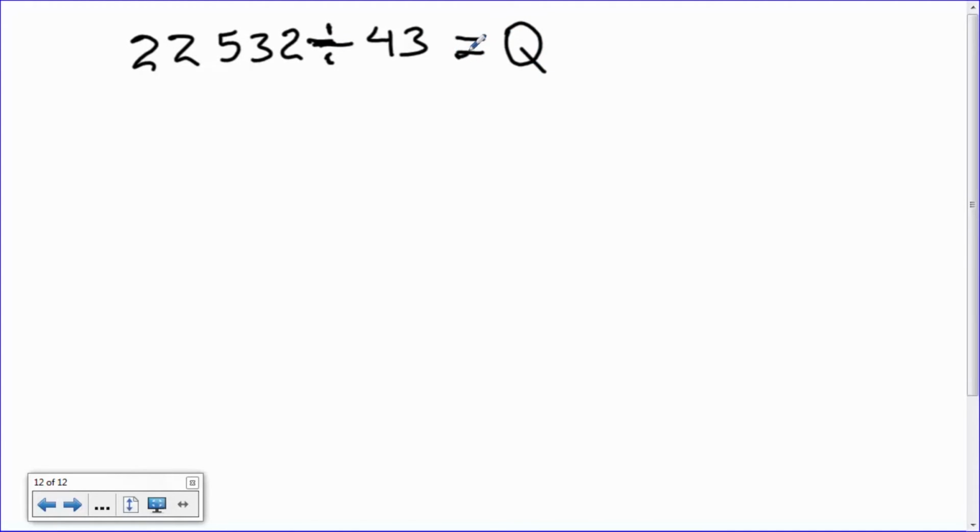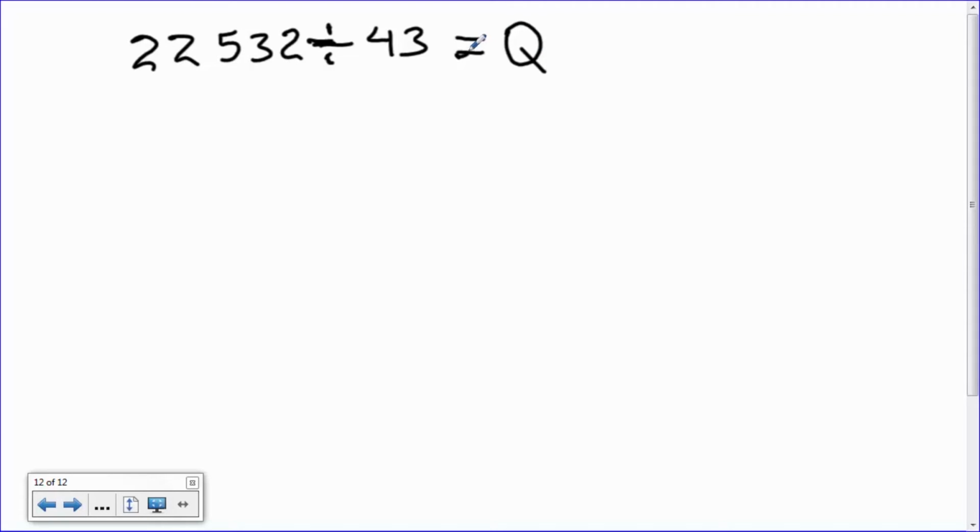Let's look at another problem, and this time let's look at one where we have a 2-digit divisor. So we're looking at 22,532, and this time we're going to divide by 43. And I want to know what the quotient is and whether it's exact or not.